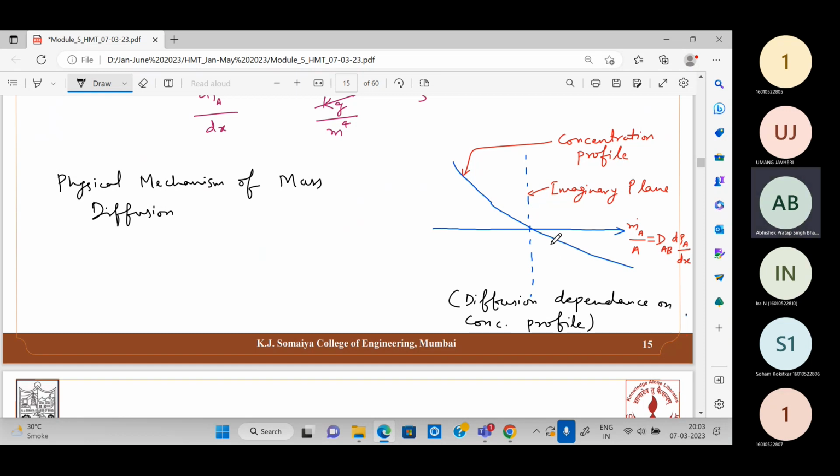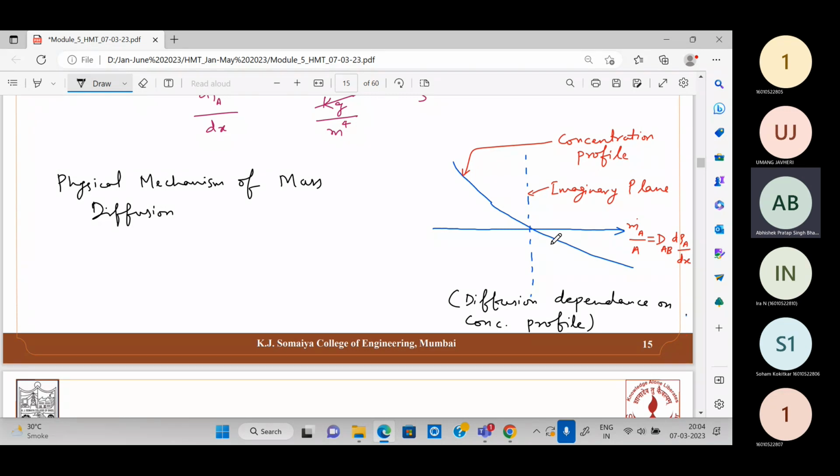Higher concentration means more molecules per unit volume. So we can say more molecules are moving across the imaginary plane from left to right. Due to this, net mass transfer takes place from the region of higher concentration to the region of lower concentration.